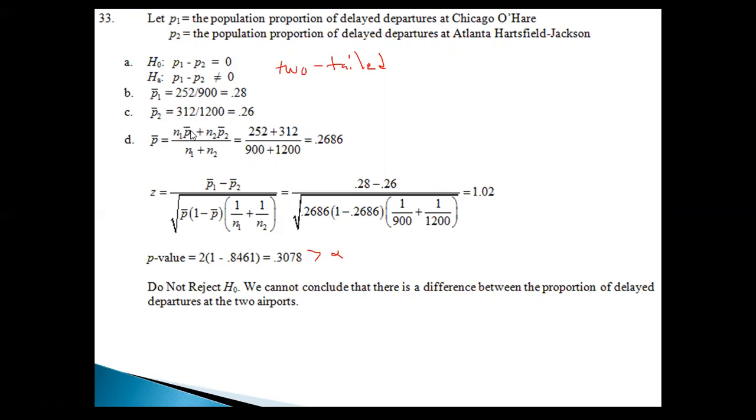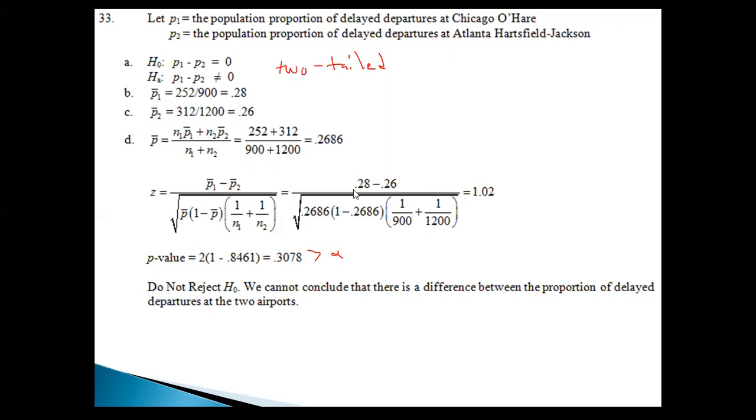If you remember, that number times 900 is just 252, and that number times 1200 is just 312, so that's 252 plus 312 over 900 plus 1200, which is 0.2686.